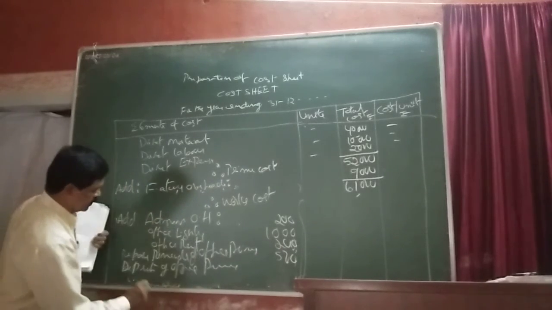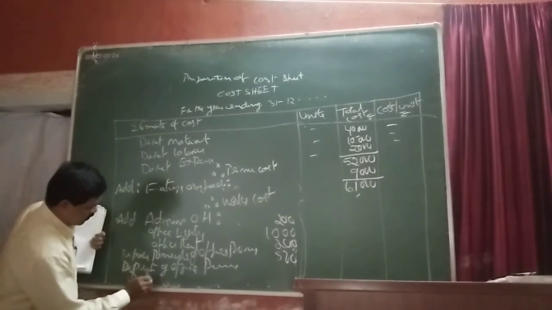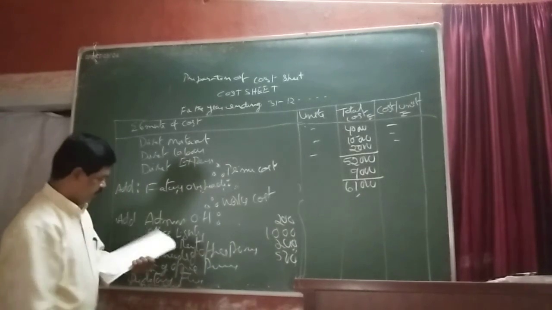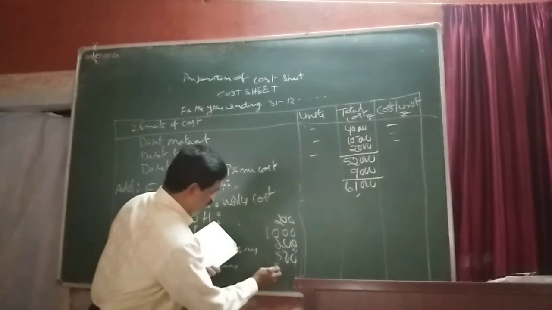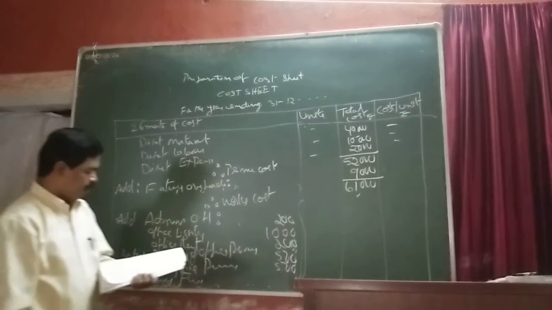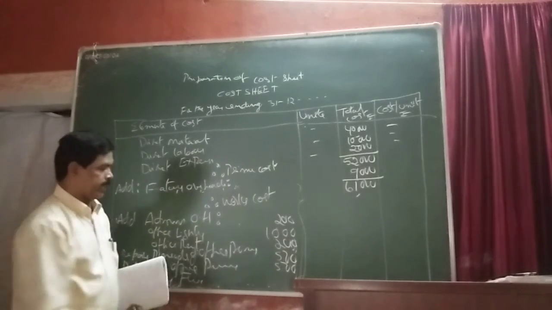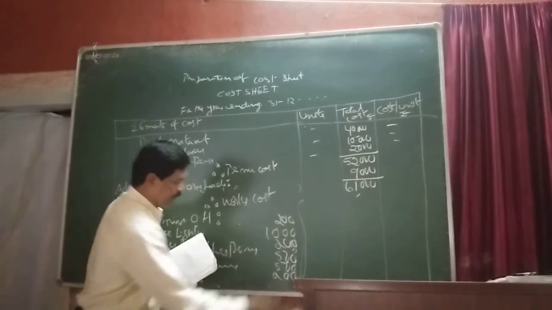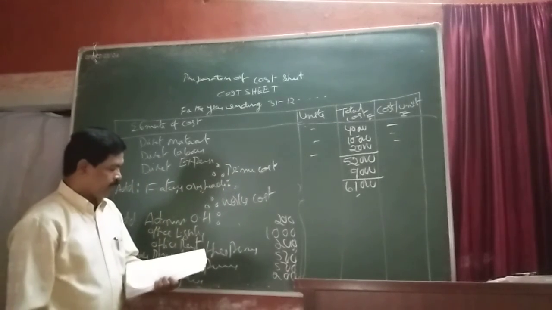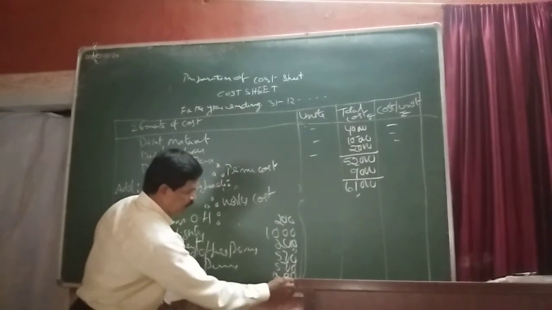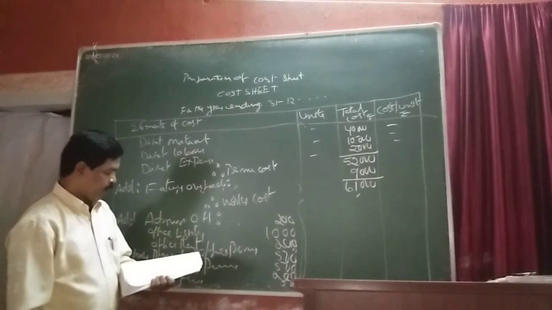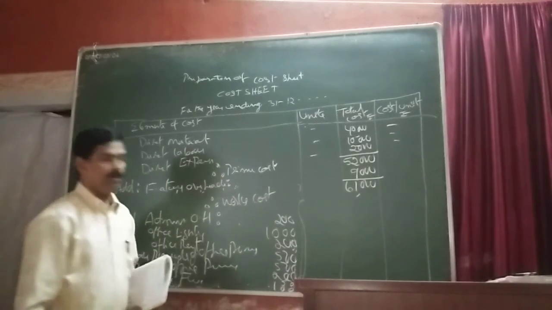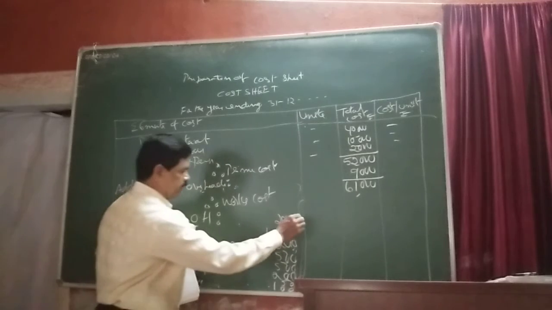Then directors fees, management directors fees, also 500. Then office printing and stationery 200. Telephone charges 50. Postage and telegram 100. Then we total these.